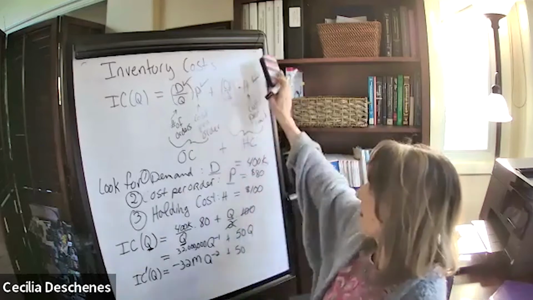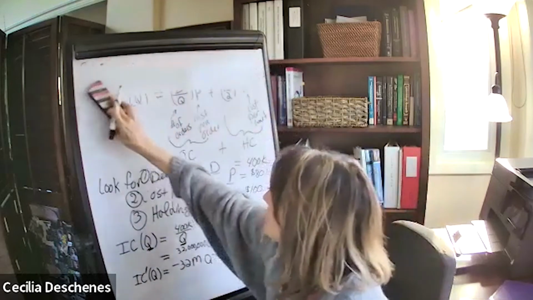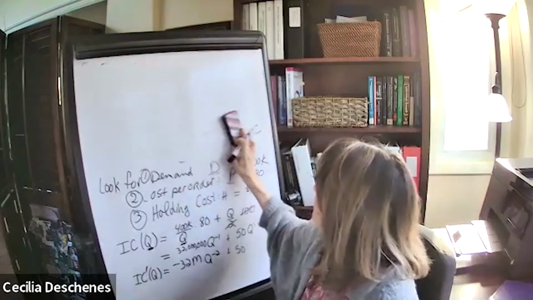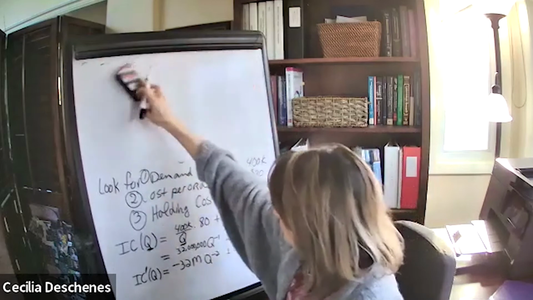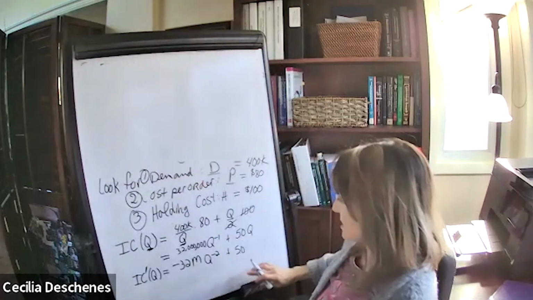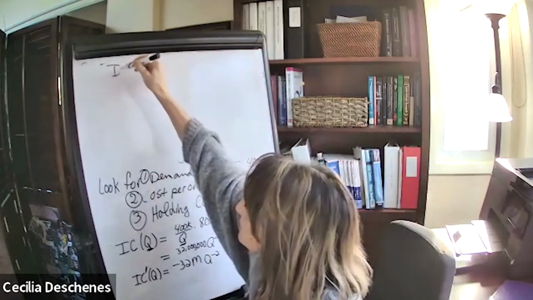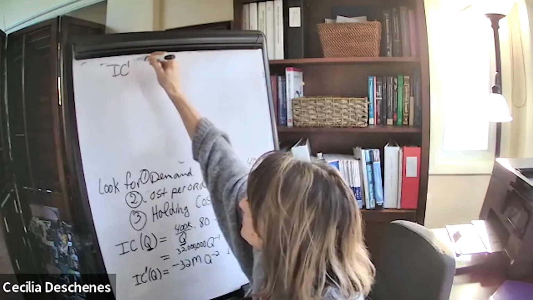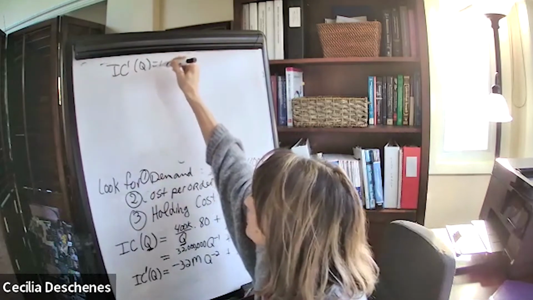So now I need to find my candidate for minimizing my costs. So I'm going to take my first derivative and set it equal to 0, and solve.